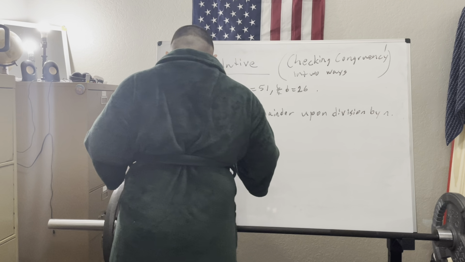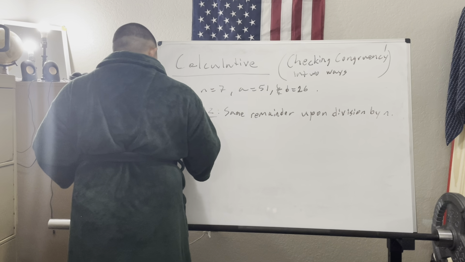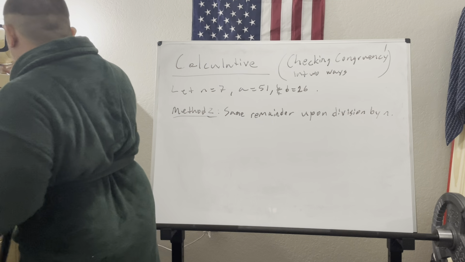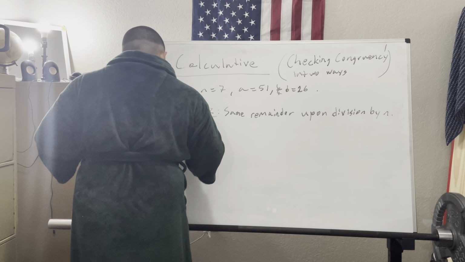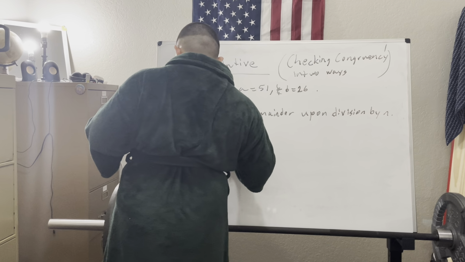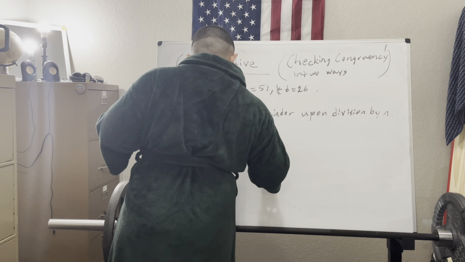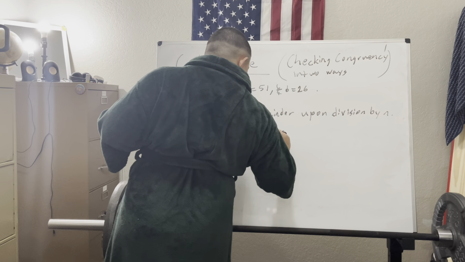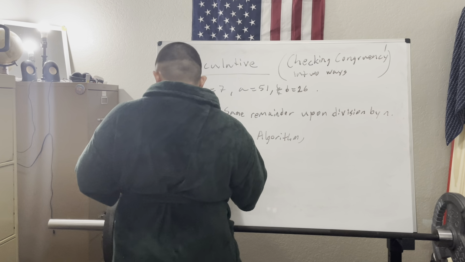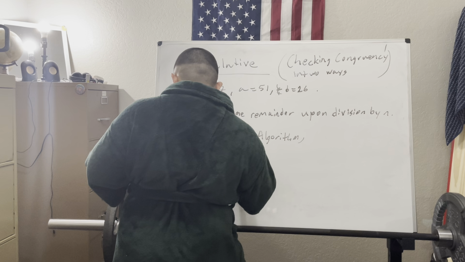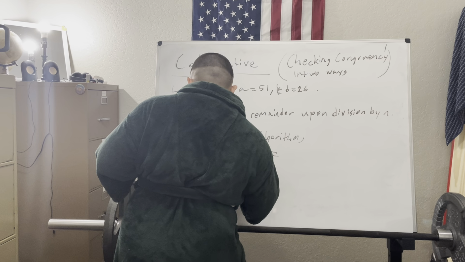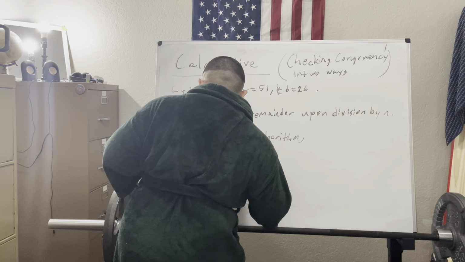So, we looked at the division algorithm, and so we have that in the back of our minds, but by the division algorithm, we find that 51 is equal to 7 times 7 plus 2, and 16 is equal to 7 times 2 plus 2.